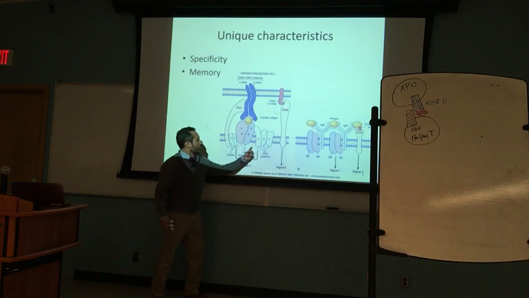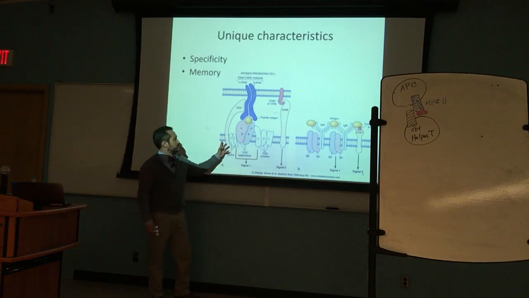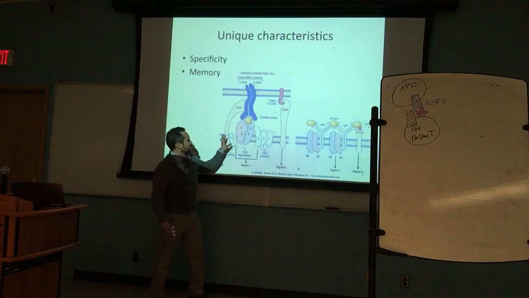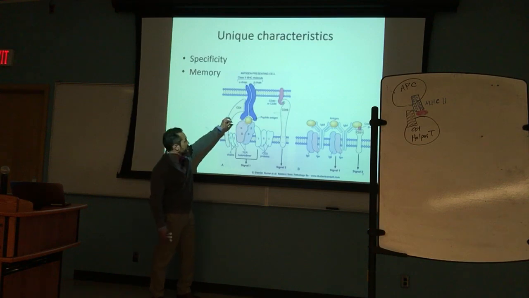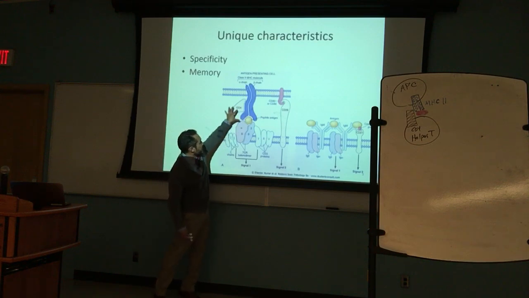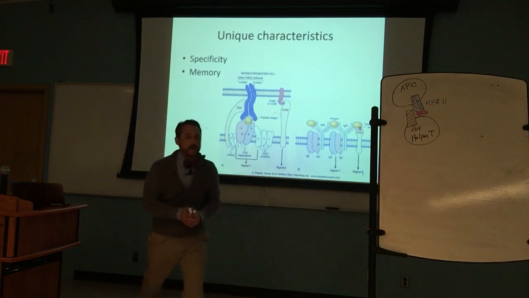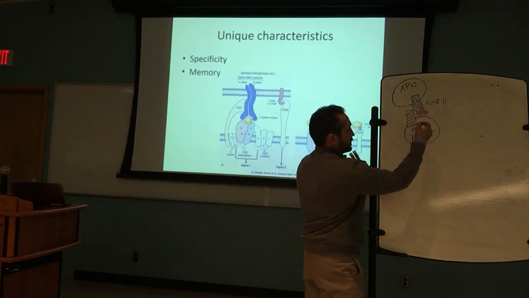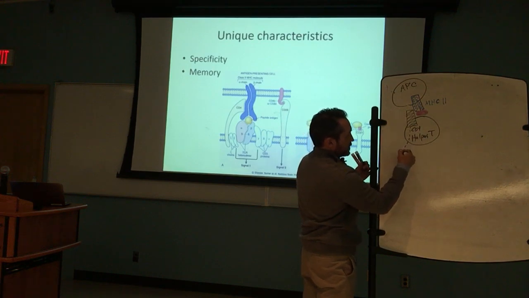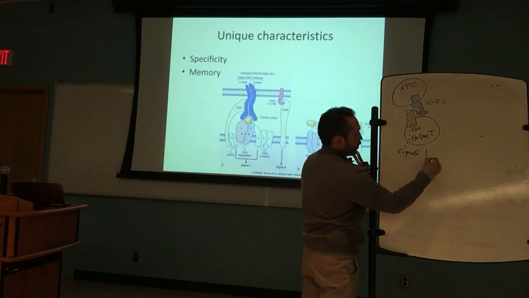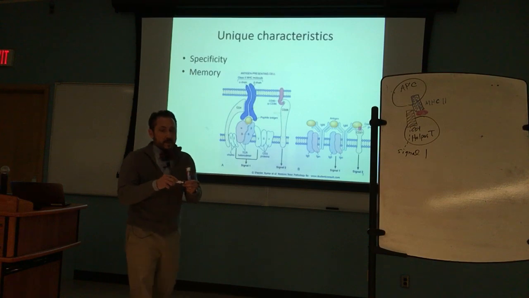This whole thing is one protein, okay? It also has an alpha and beta chain. But the take-home message I really care about is that the peptide antigen binds to this entire complex and initiates signal number 1. So on our simplified drawing, this right here is signal 1, okay?